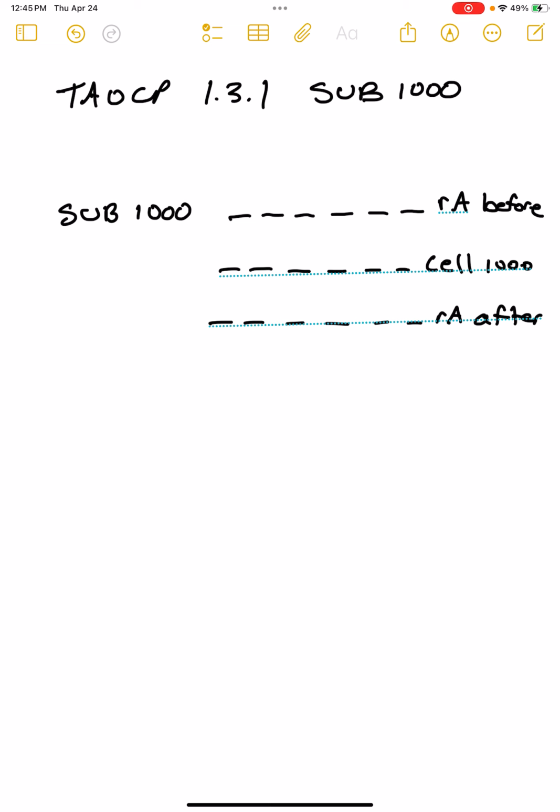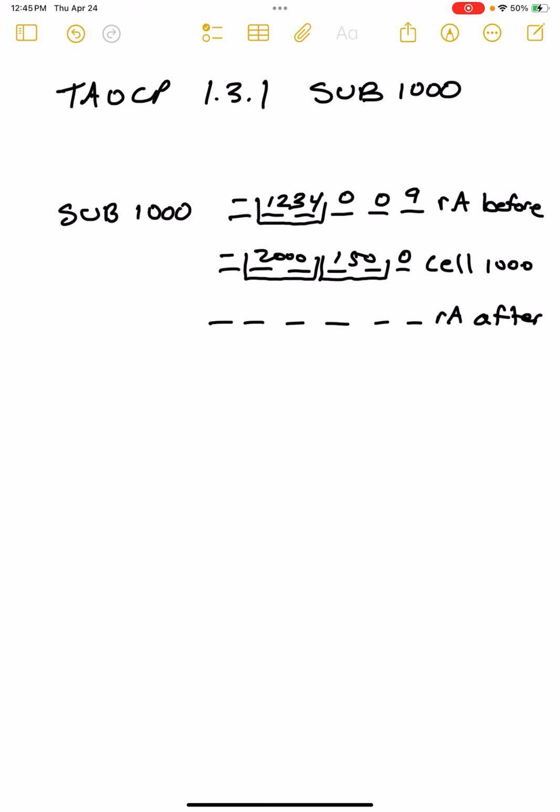What's given is a negative packed word RA before, that's 0, 0, 9, minus this packed 2,000, 150 is packed, and this is 0. And we're going to solve for this.